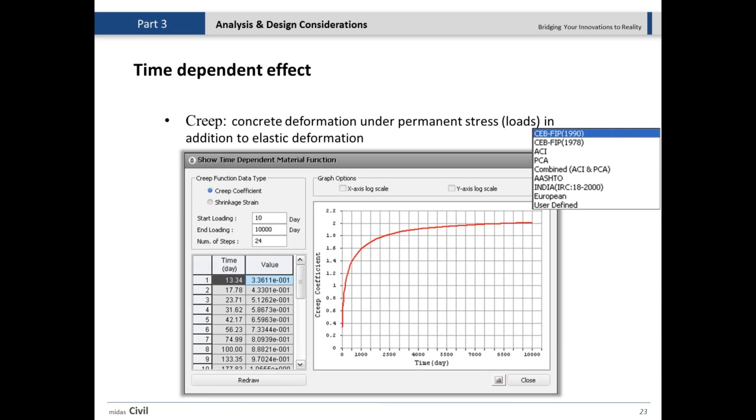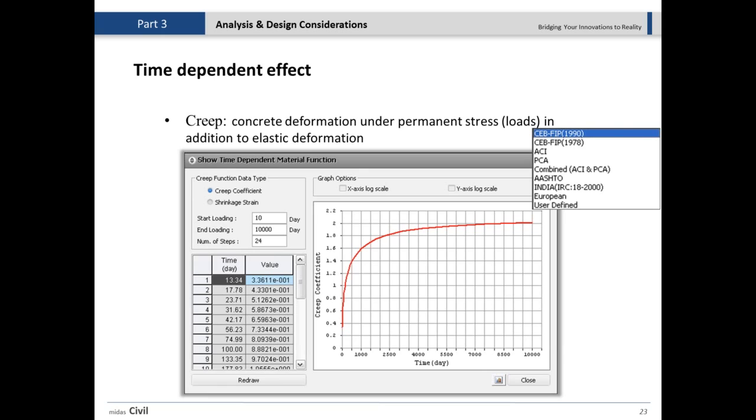So technically we need some sort of time-dependent material property which affects the analysis, the results, and definitely the design, because we have to check, let's say, stresses at different stages of the construction. So how do we do that? We have to define the time-dependent material properties for the concrete itself, and also for the post-tensioning tendons. But let's see how those are defined and what the effect of those is.